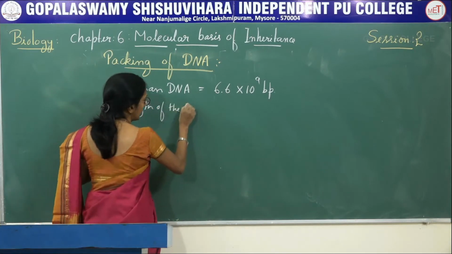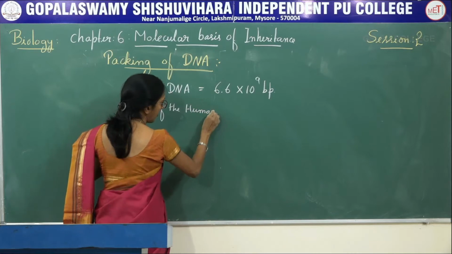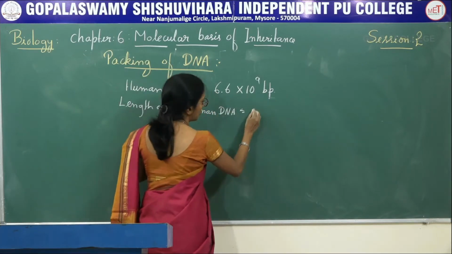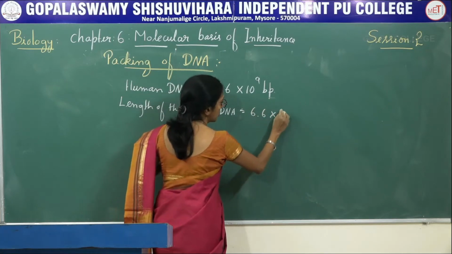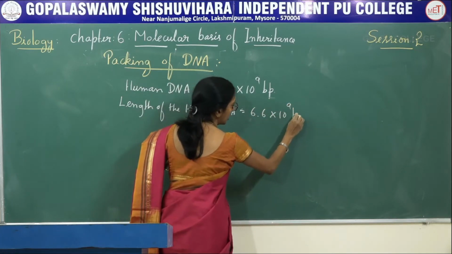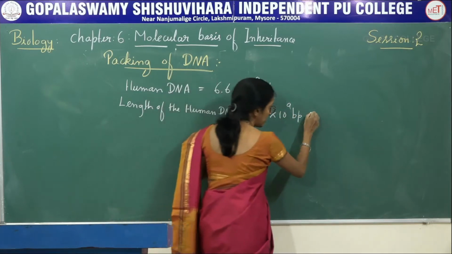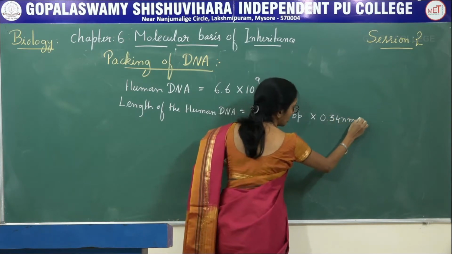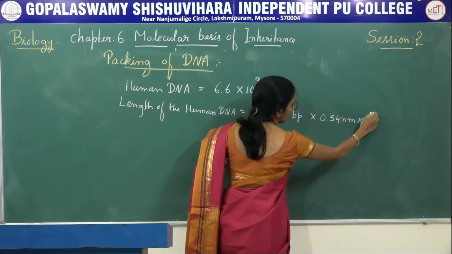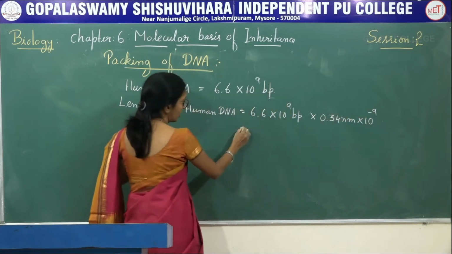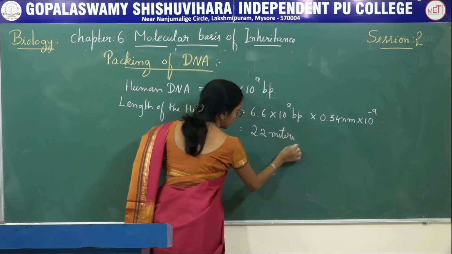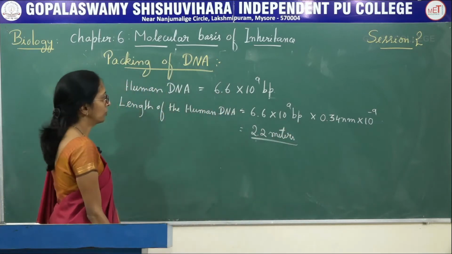Length of the human DNA, that is, this is the base pair 6.6 into 10 to the power of 9 base pairs into distance between the two nucleotides, that is 0.34 nanometer into 10 to the power of minus 9. So totally it comes 2.2 meters. This is the length of the human DNA.